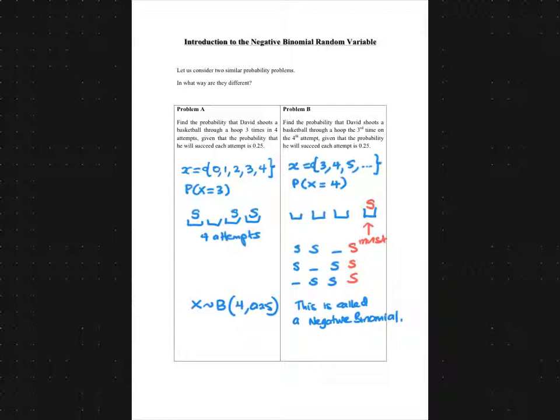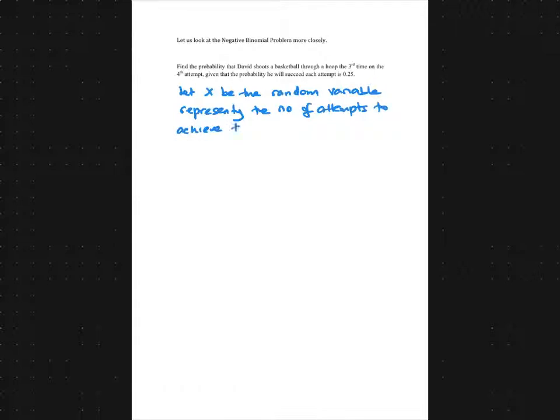Let us explore problem B further. Let x be the random variable representing the number of attempts to achieve the third success, in this case, shooting the basketball through the hoop.